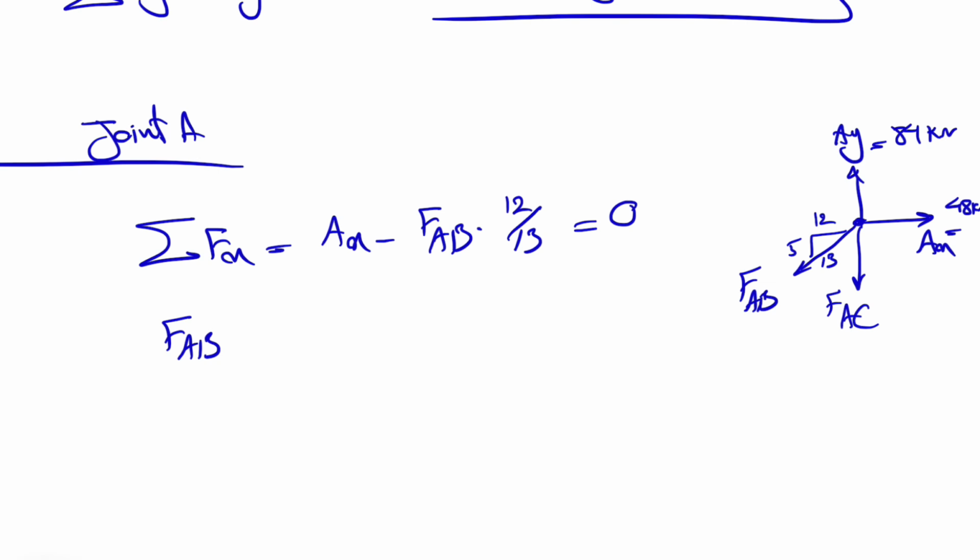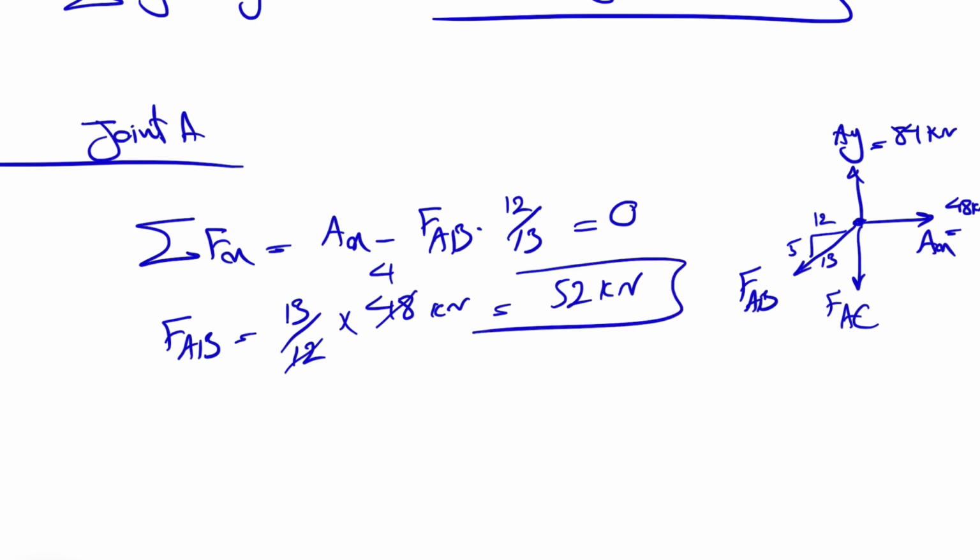So FAB would be basically 13 divided by 12 times AX, 48 kilonewton. So we can cancel out 12 on 48, which will be 4. 4 times 13 is going to give us 52 kilonewton. So no negative sign. We kind of knew that the direction for FAB is correct.